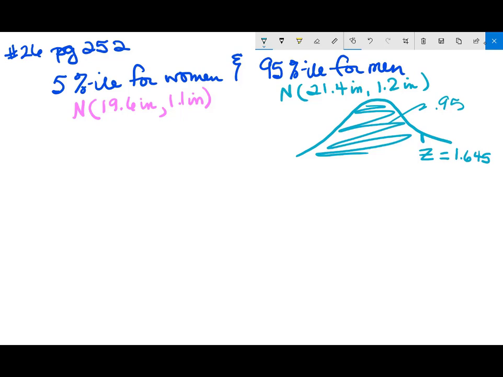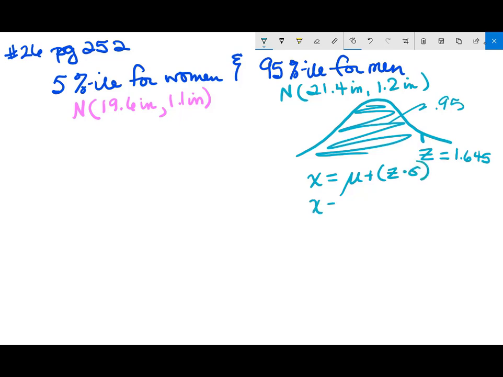Okay, now we need to unstandardize it, and if you'd like to memorize the formula for unstandardizing rather than just doing it, remember it is my raw score equals the mean plus my z-score times sigma.